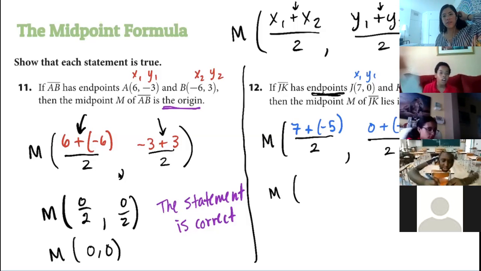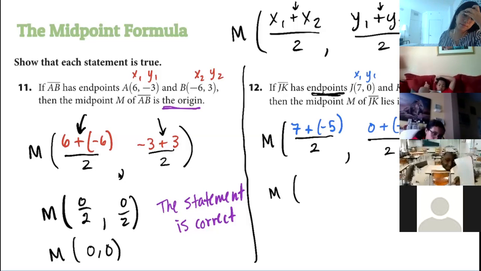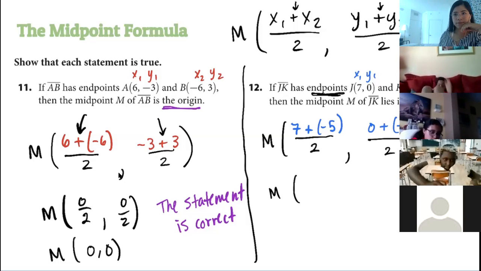Let's do this. All right, now we got to add. So what's 7 plus -5? Wait, give me 1 second.